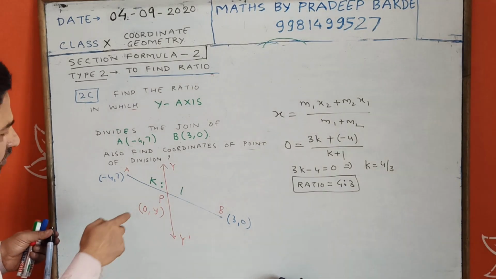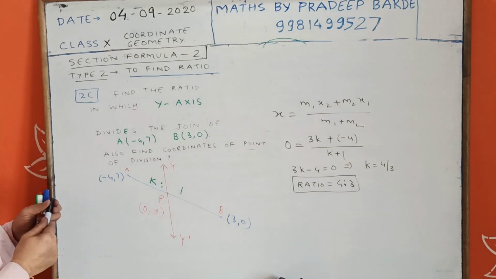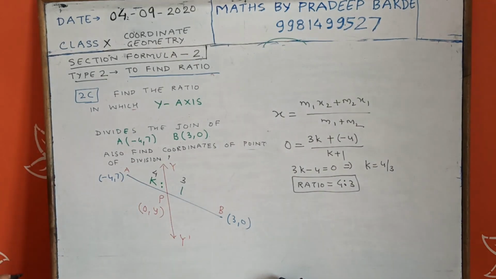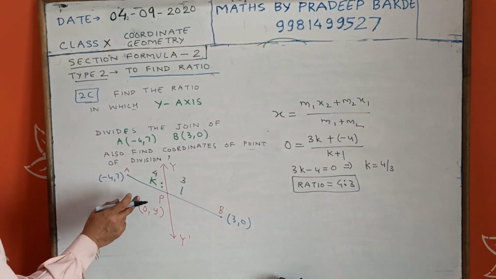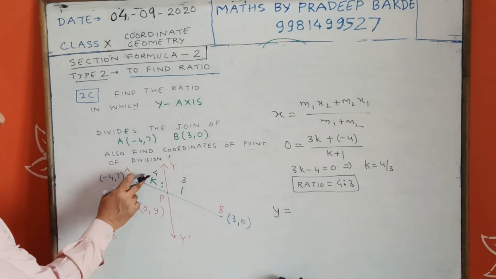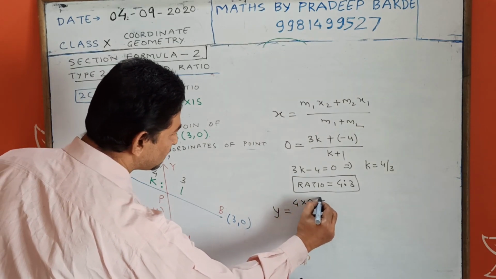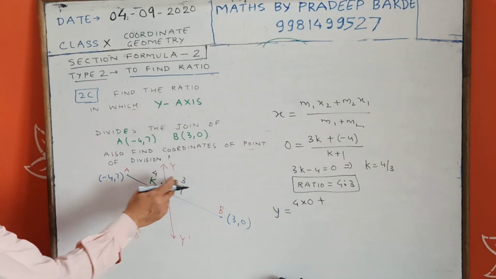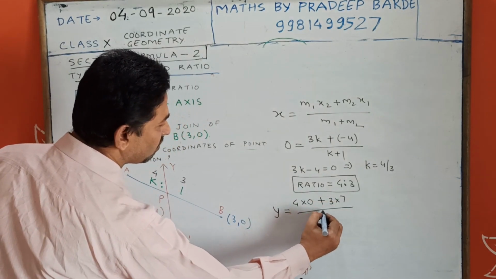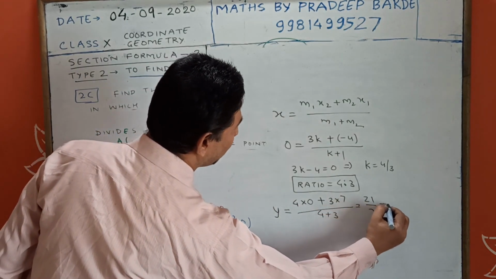Now we have to find out the coordinates of the point P. तो इसके लिए आपको y फाइंड करना है. रेशियो हमने ऑलरेडी निकाल लिया बच्चों, 4:3 हो गया रेशियो. तो यहां पर अब सेक्शन फार्मूला लगा दीजिए. y विल बी इक्वल टू 4 इंटू 0 प्लस 3 इंटू 7 अपॉन 4 प्लस 3, which is 21 upon 7, that is 3.